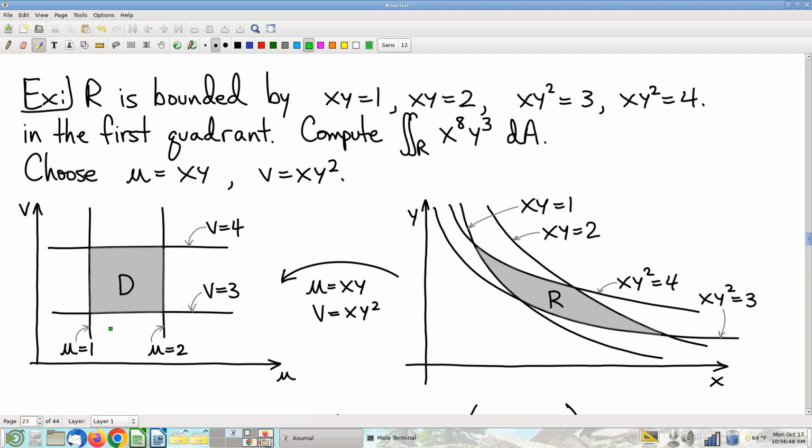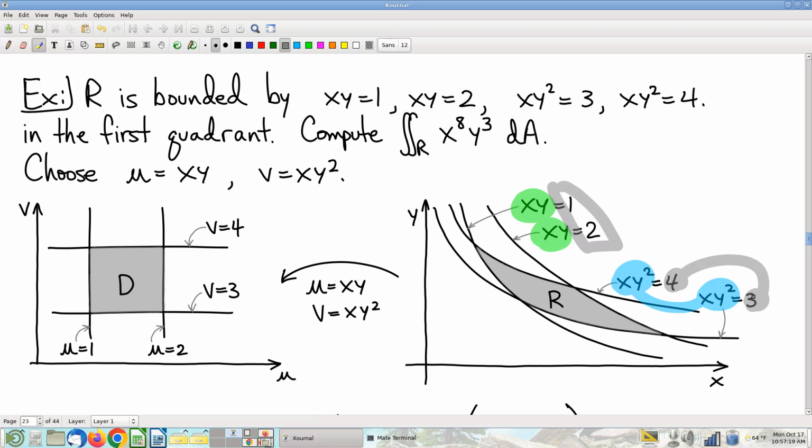Okay. So the trick is, when you have this scenario that your domain is defined, now there's some very tricky points here, by certain functions being constant. Right, I got xy equals constant, and then I've got xy squared equals constants.